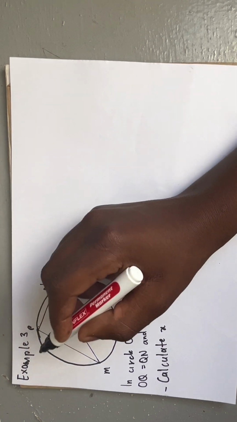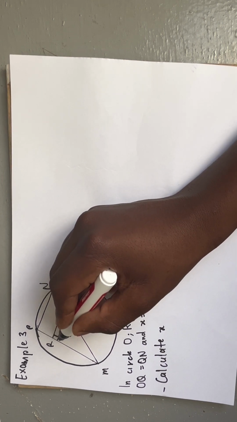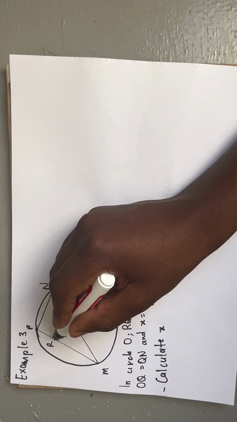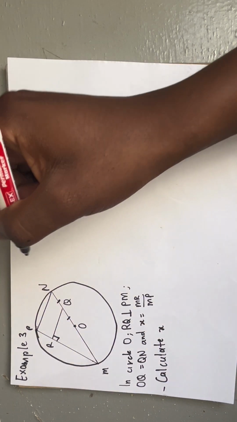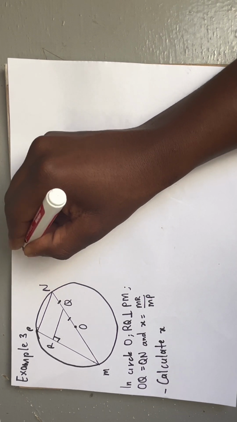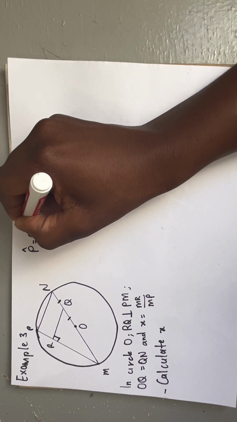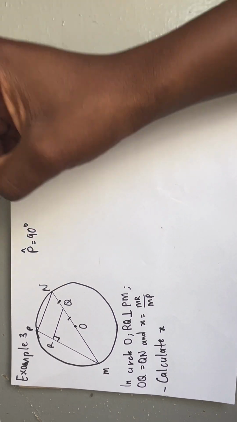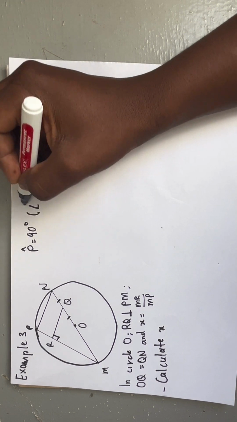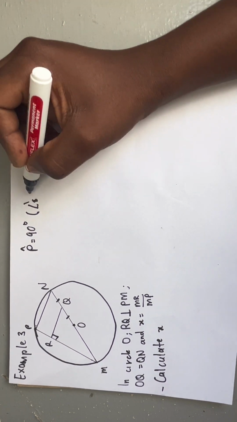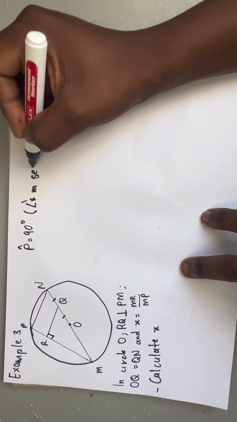Surely you know that this line is your diameter because it cuts at the center, which means your angle P is equal to 90 degrees. Why? Because this is your angle in a semicircle.